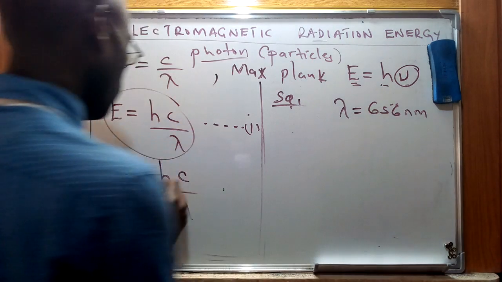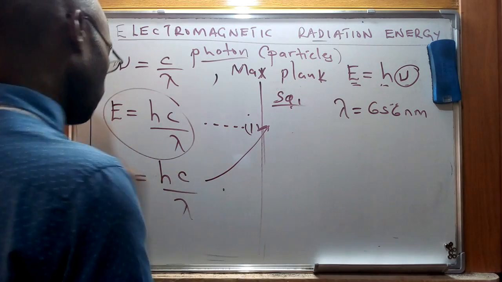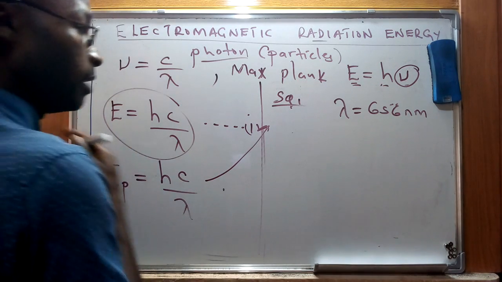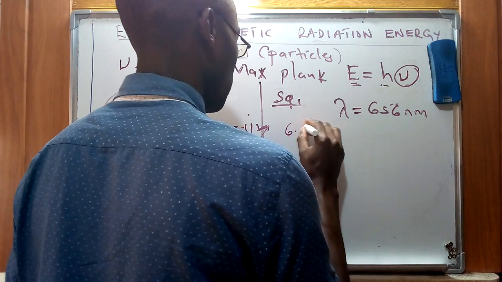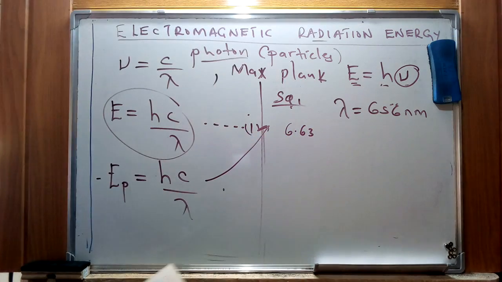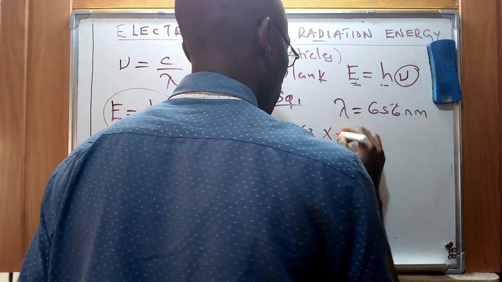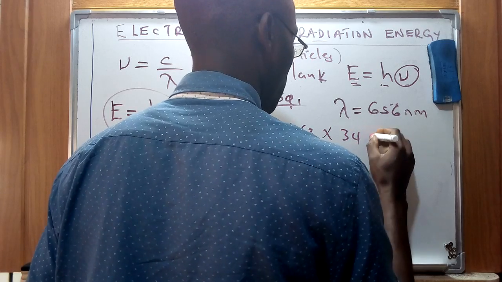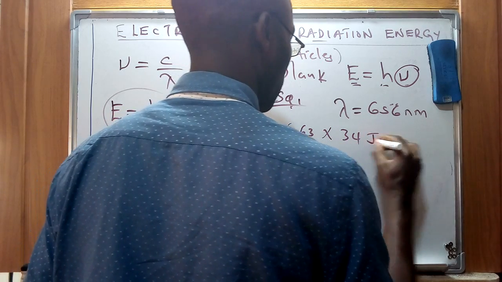So we have said energy of a photon can be given as hc over lambda, and we said that h is the Planck's constant, which is of course a known constant, 6.63 times 10 to the negative 34, and this is in joule seconds.